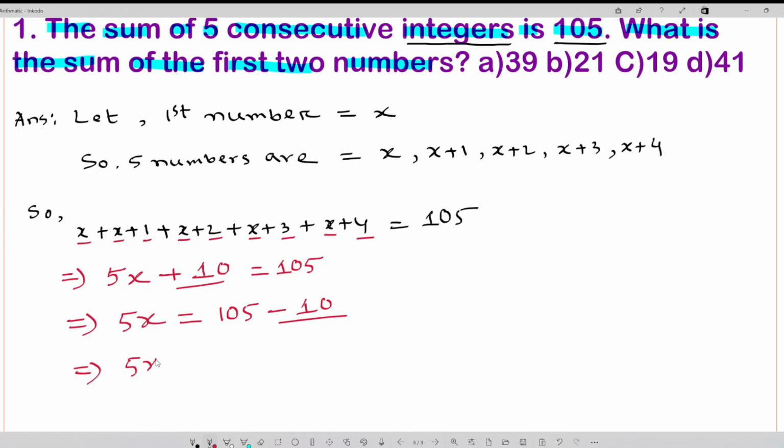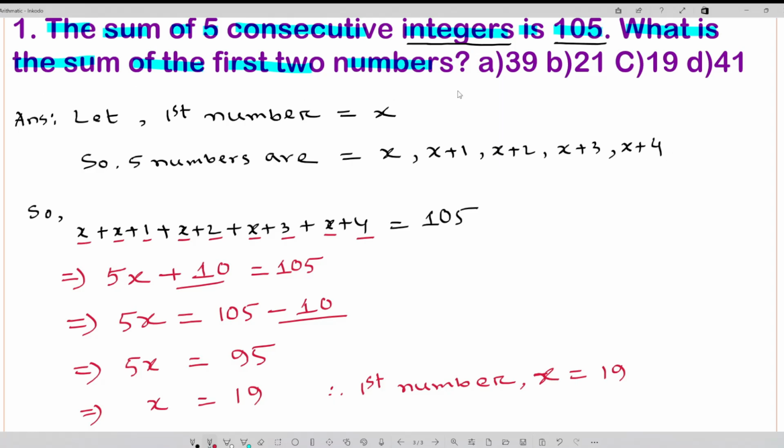So 5x we can write 95. Once we divide both sides by 5, it will become 19. So the first number x equals 19.